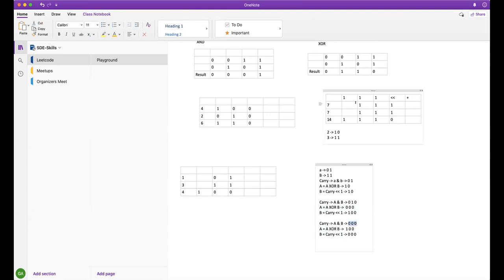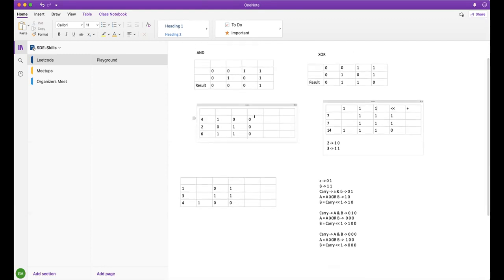That's how we are trying to figure out the carry. If it is 1, 1, we get a carry 1. If the bits are different, then there is no carry; they will simply be merged with each other. That's the basic idea. So the carry is 0, and nothing gets shifted.